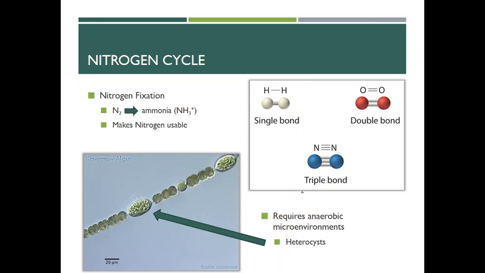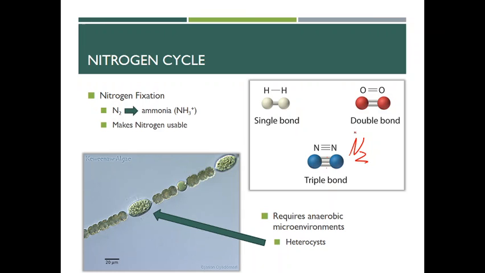Somewhat a little less than that. But what we have is N2, which has this triple covalent bond. Now, that triple covalent bond is extremely strong. There's really only two ways that you can naturally break that bond. One is with lightning, and the other is with nitrogen fixation.